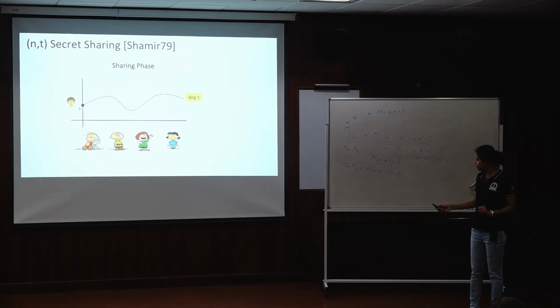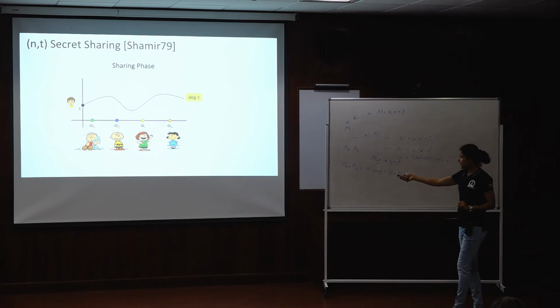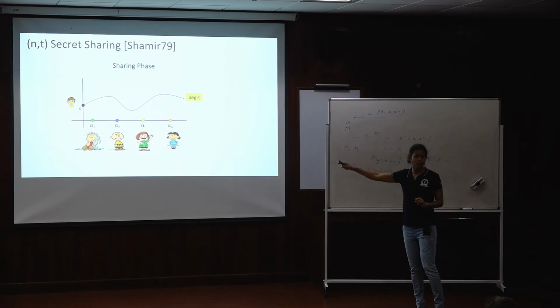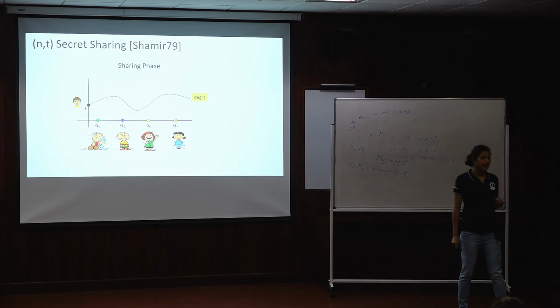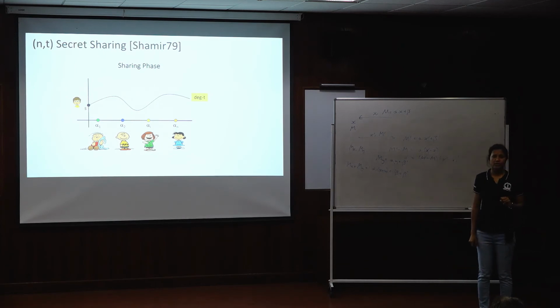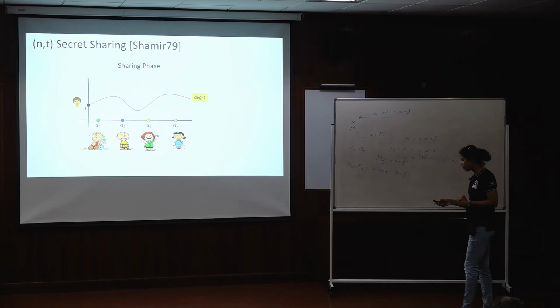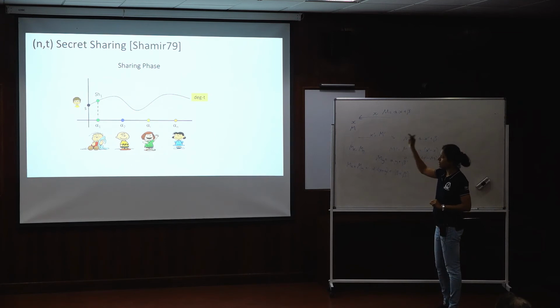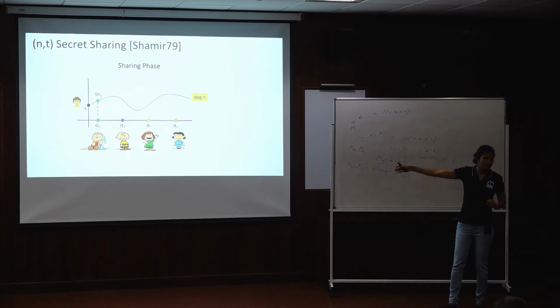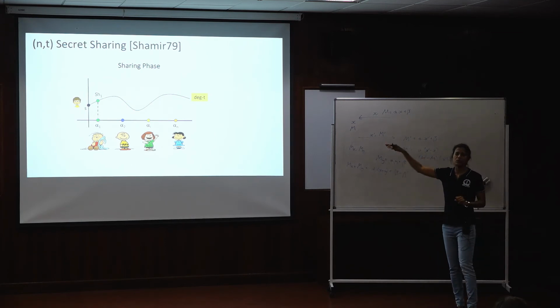Then there are these publicly known n points, alpha 1 to alpha n, the ith one meant for the ith party. These are all public information, everyone knows about it. Now the dealer simply evaluates the polynomial at these points and hands over the evaluated points to the respective parties.